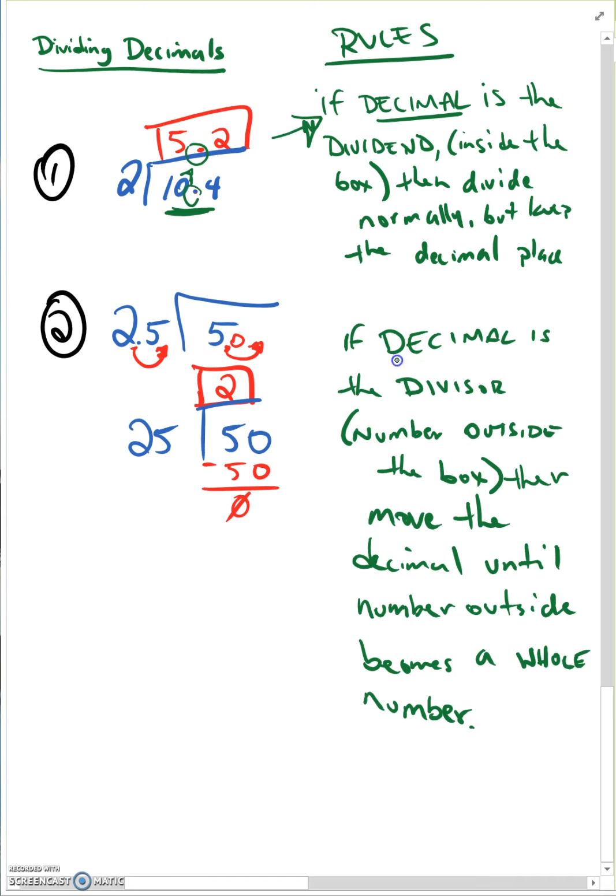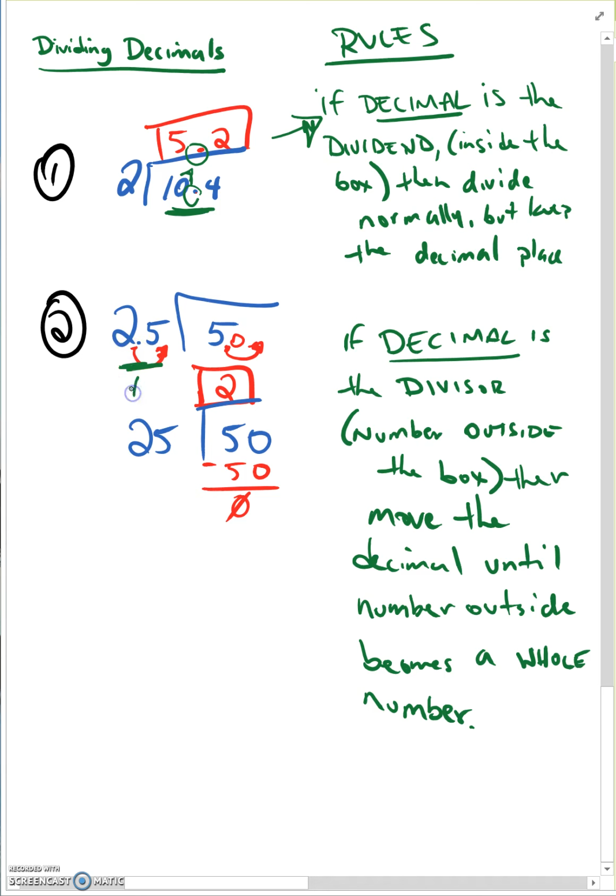If the decimal is the divisor, or the number outside the box, then we would move the decimal until the number outside becomes a whole number. Like we did here, we moved the decimal from left to right one place.